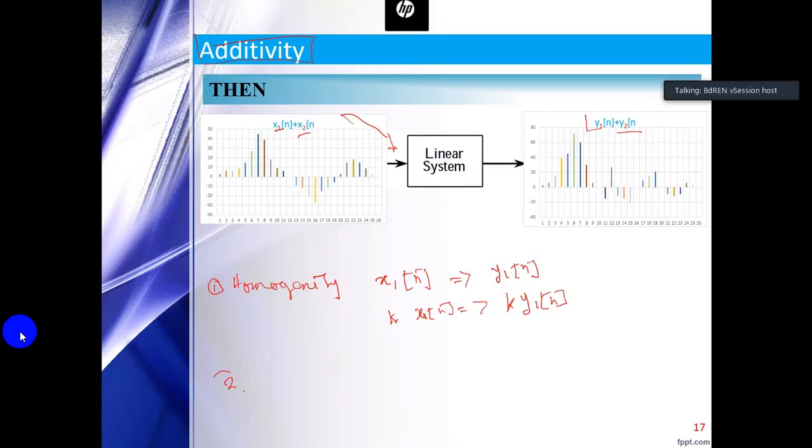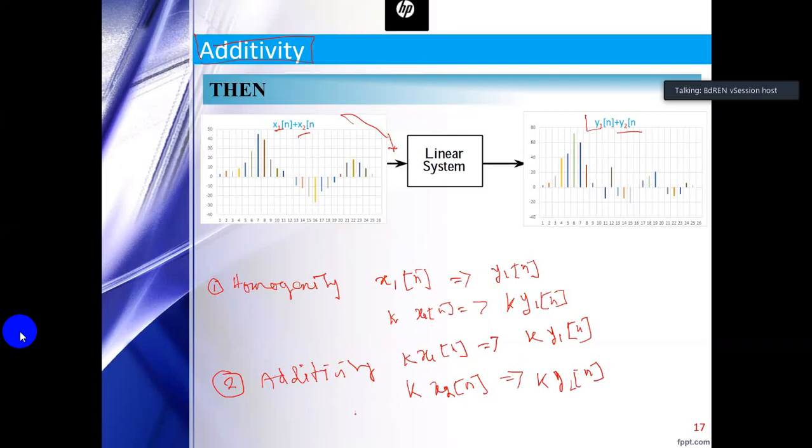In case of additivity, let's assume k times x1 of n is producing k times y1 of n, and if we consider another input, let's say k times x2 of n, it produces k times y2 of n.